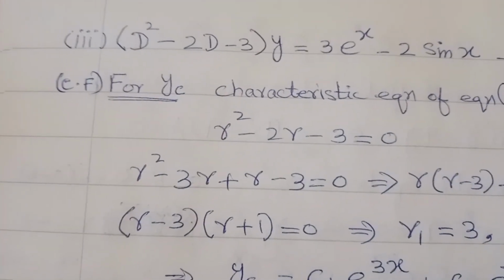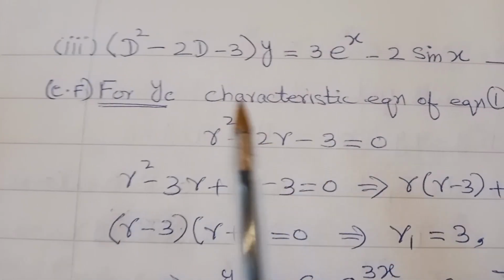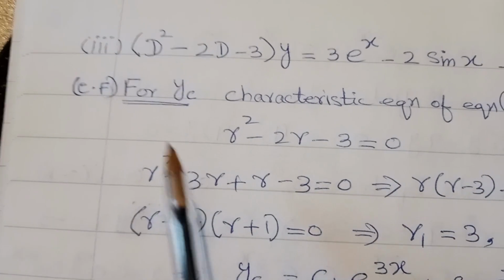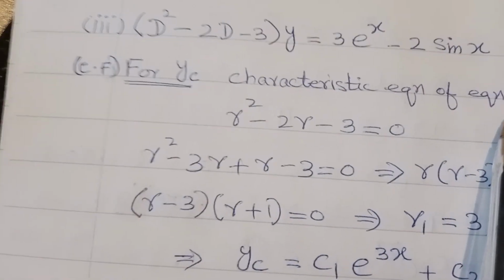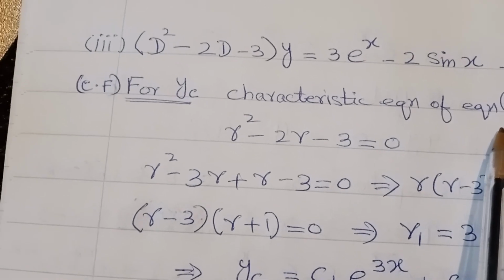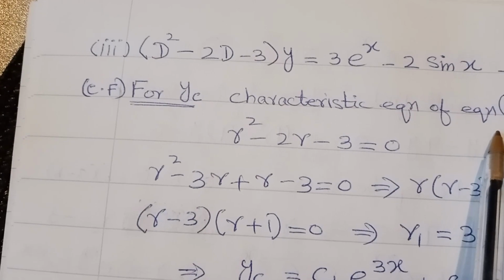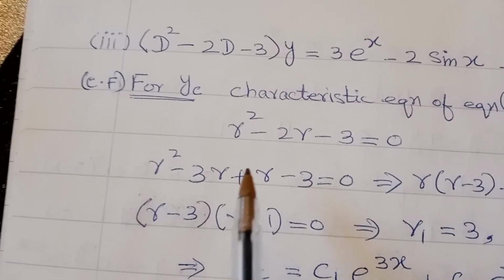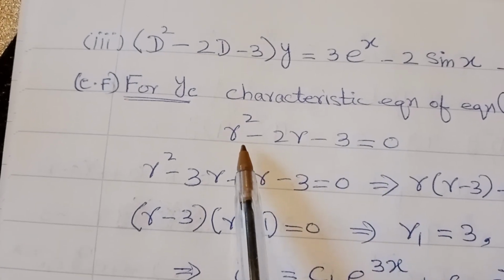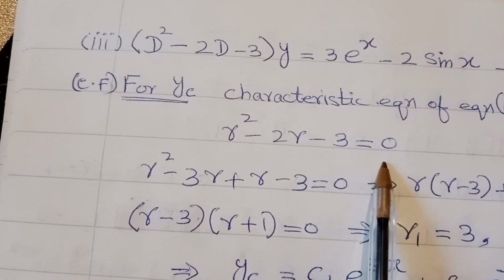So what we have to do first, we will proceed with the solution for the complementary function. Now I will directly write the characteristic equation, because I have already explained how to obtain the auxiliary equation and then the characteristic equation from the given differential equation. So r² − 2r − 3 = 0.